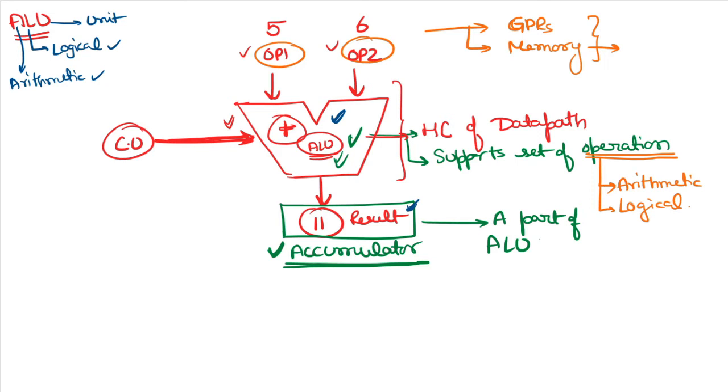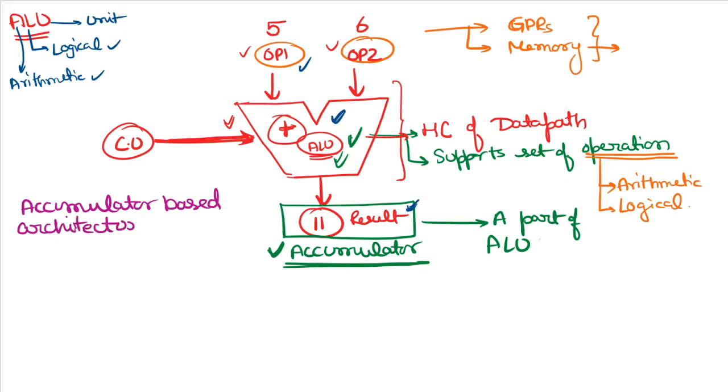Now the accumulator register can do one more thing: it can also act as an operand. Let me give you an example. We will be discussing types of CPU architectures in our next classes, but just to give you an idea, there is one type of CPU architecture called accumulator based architecture.